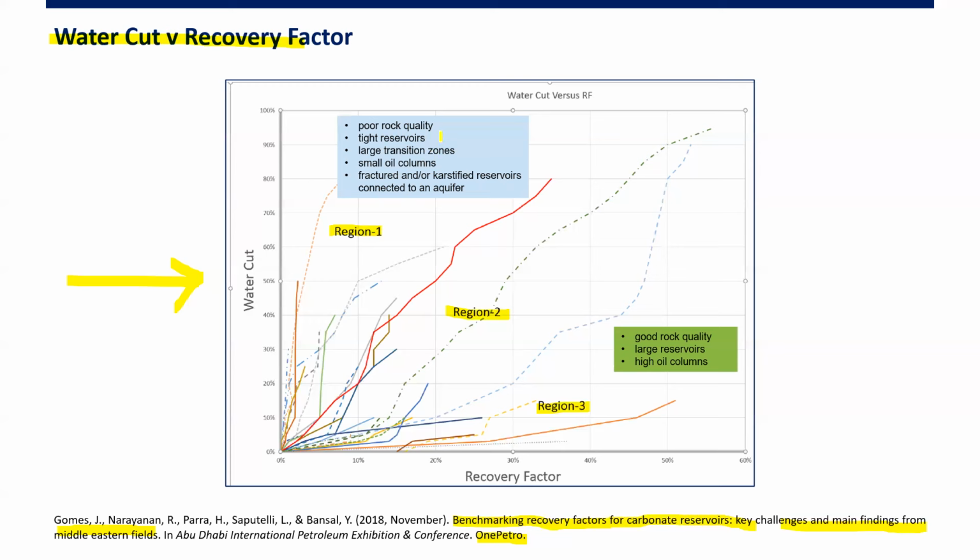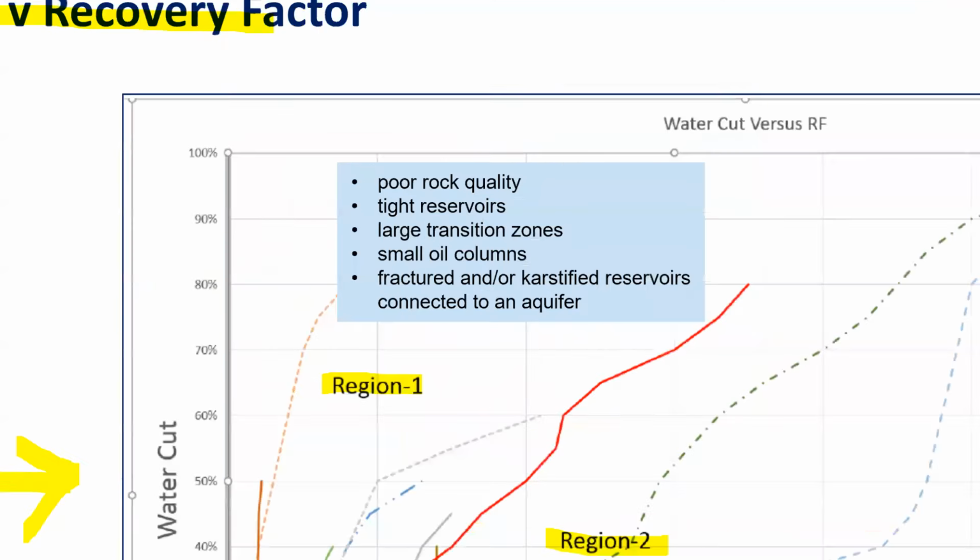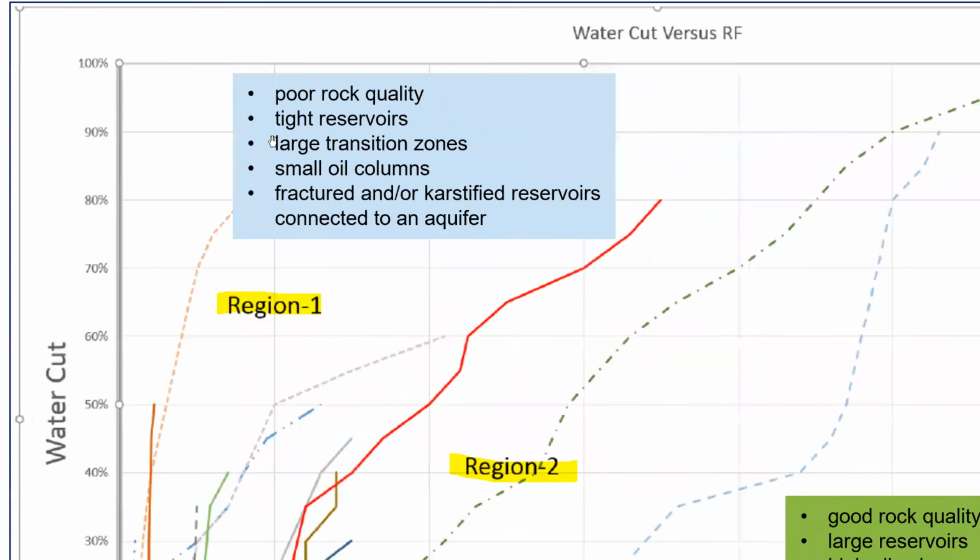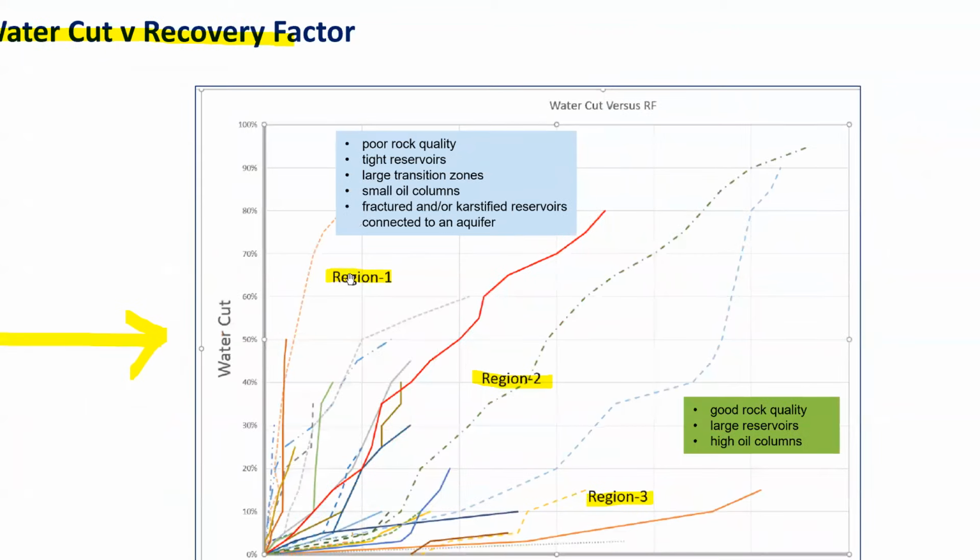So if you have poor rock quality, for example, if you have tight reservoirs, if you have large transition zones or small thin oil columns, or if you have fractured reservoirs or karstified reservoirs connected to an aquifer, basically you will get this type of performance in region 1.